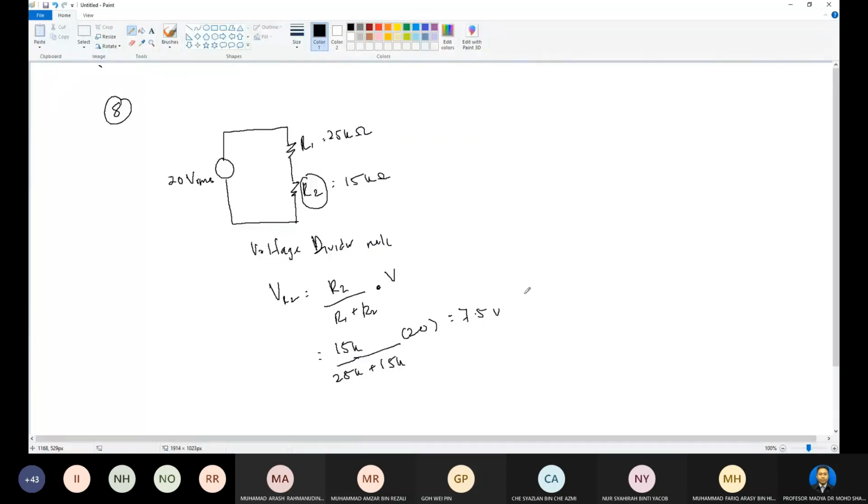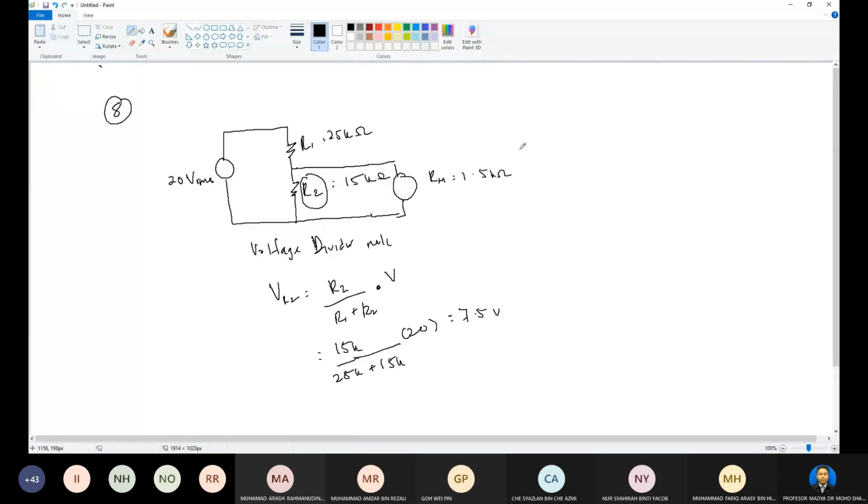And then if we put the meter here, for the meter we have the RM. This one is still not connected to the meter, but second we have connected to the meter here. So RM equals 1.5 kilo ohms.